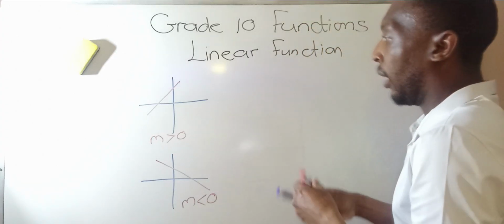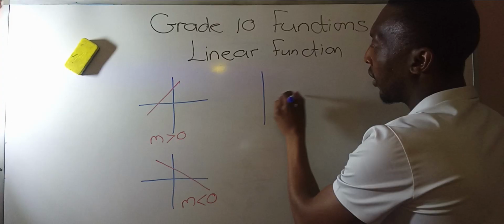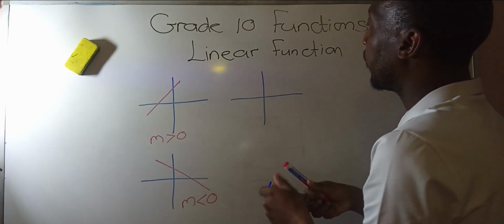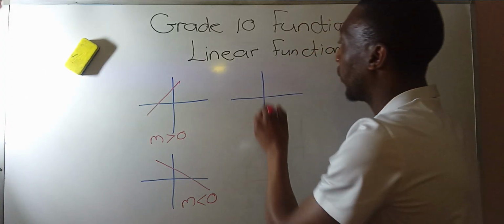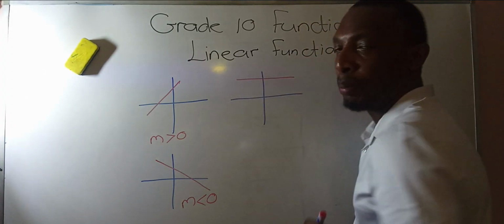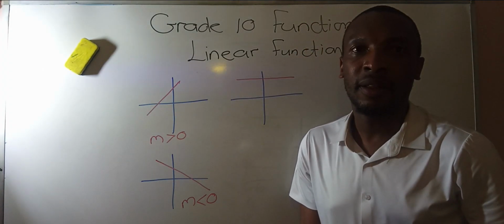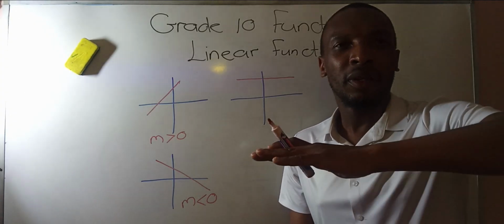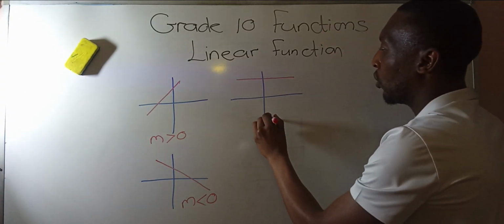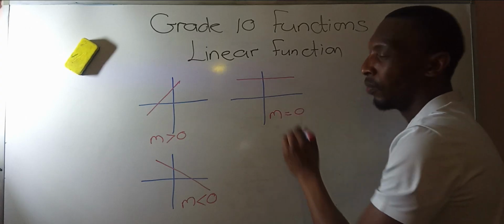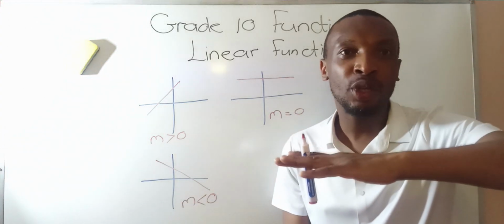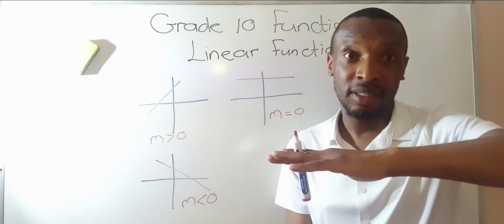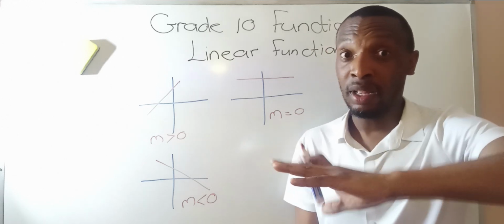Okay. And then there are two other very interesting ones. If my line is horizontal, okay, parallel to the x-axis, right? My gradient will be equal to 0. Okay, if you want to think of it this way, there is no steepness, there is no slope, right? It's perfectly horizontal.